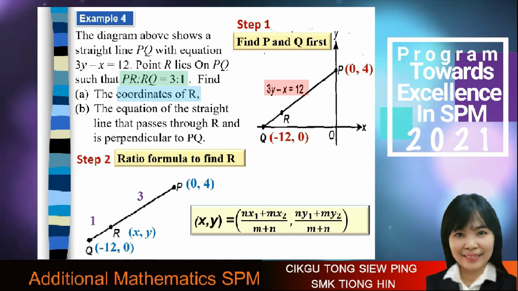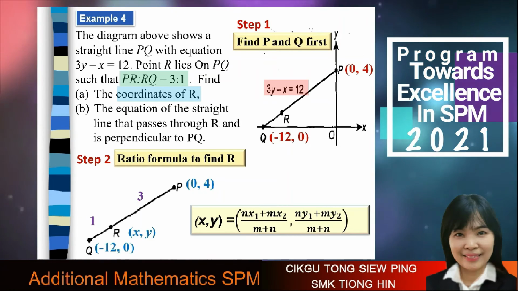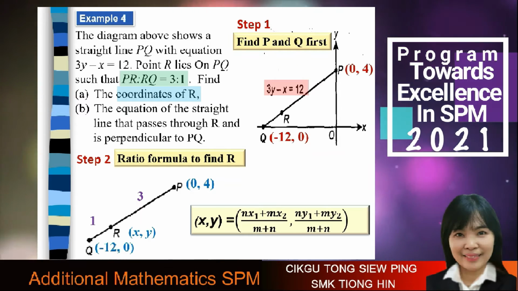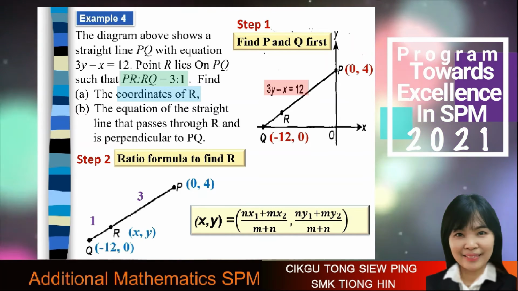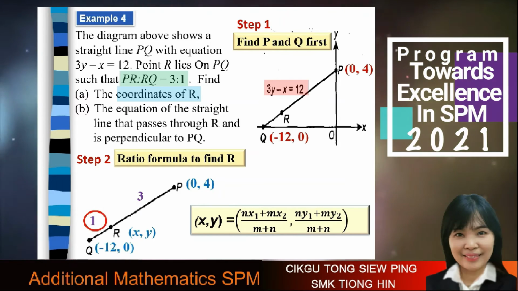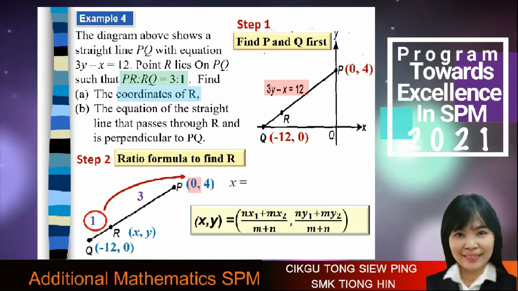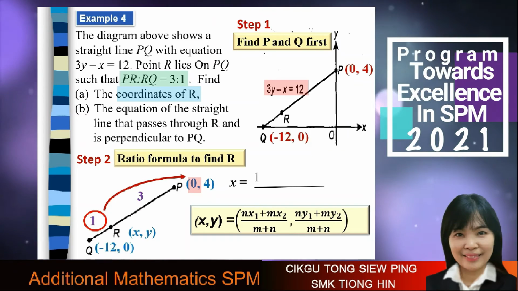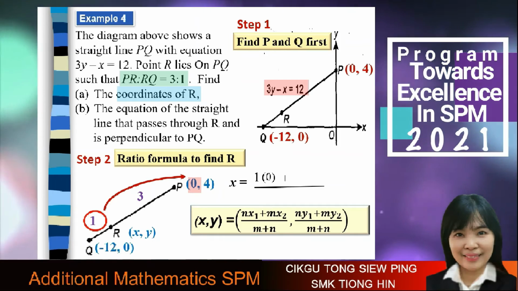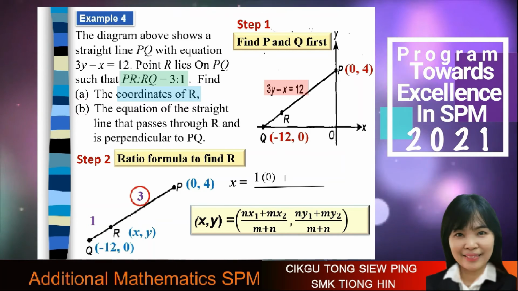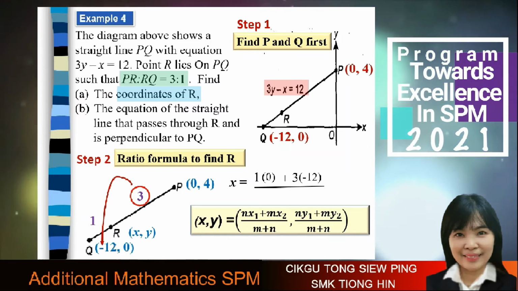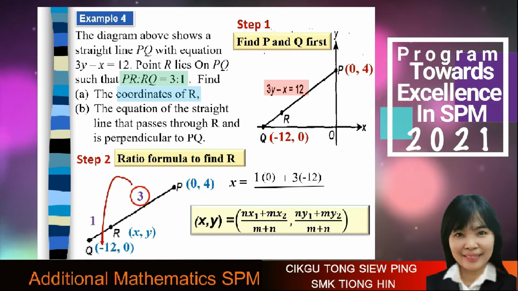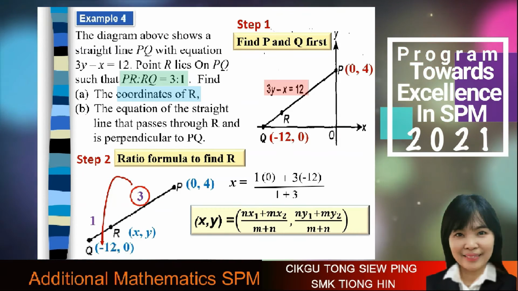The coordinates of P be x1, y1. The coordinates of Q be x2, y2. So, 1 multiplied with 0, I have my x coordinates. Then plus 3 multiplied with -12. Then divided by n plus m, that is 1 plus 3.